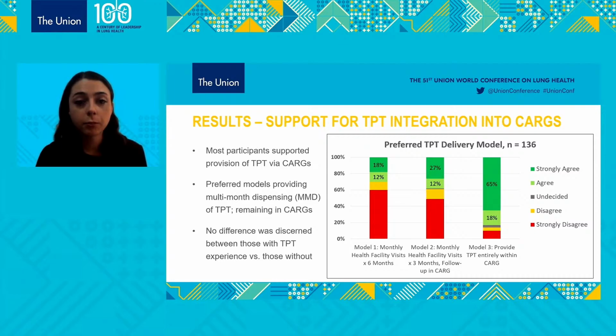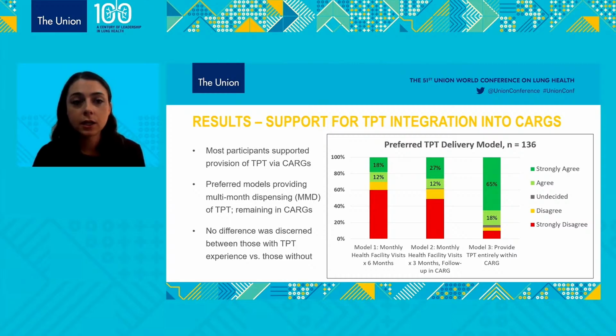And then the third model, which was the most preferred model, was that TPT was fully administered through CARGs, and the patients were monitored by their CARG leader, who was taught about side effects and how to monitor during this time.